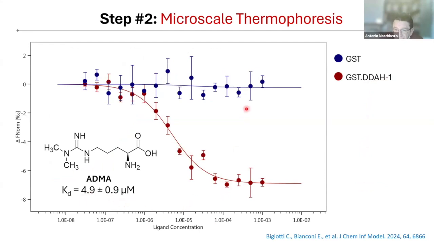As a negative control, we can confirm that this binding is specific to DDH1 and not to the GST portion of the chimeric protein, as in the isolated GST recombinant protein we are not able to see any binding activity. So again, these results confirm that upon labeling, the protein is still able to recognize the substrate.